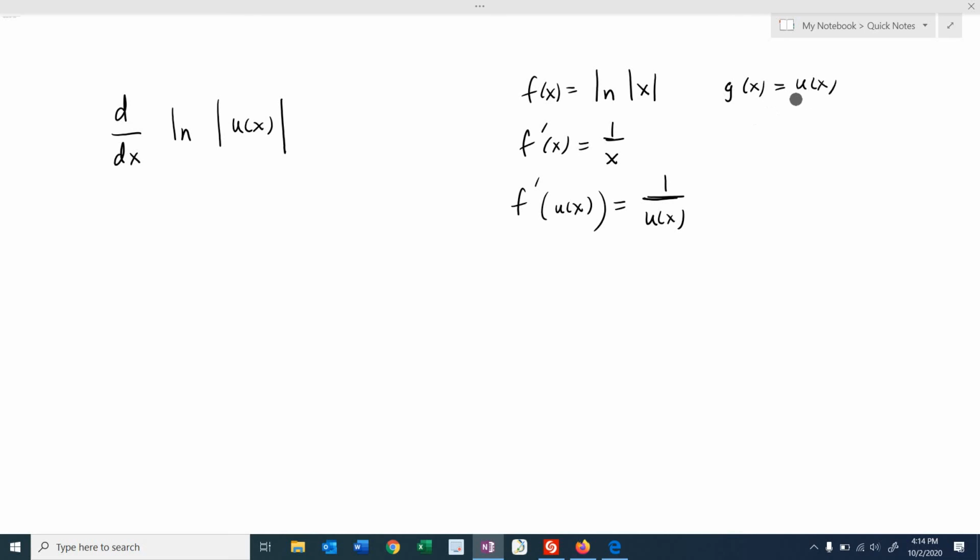And of course the inner derivative is just u prime. Okay, so you got to multiply these together, right? The outer derivative and the inner derivative. And a more compact way of writing that, of course, is just say u prime divided by u of x.